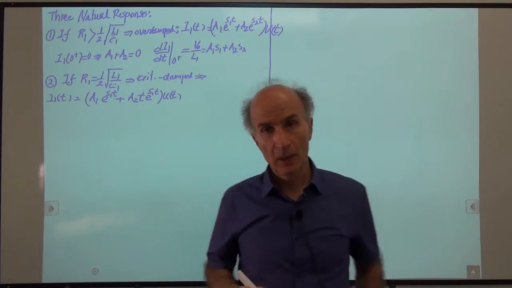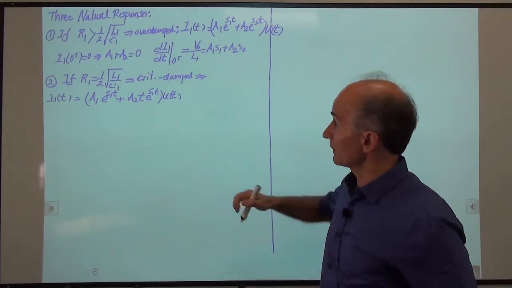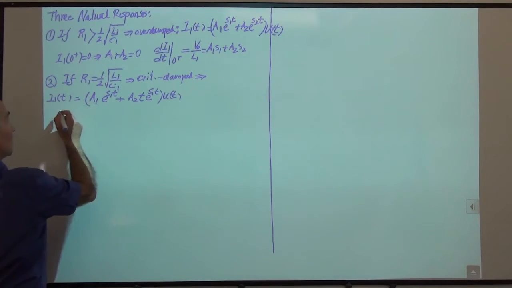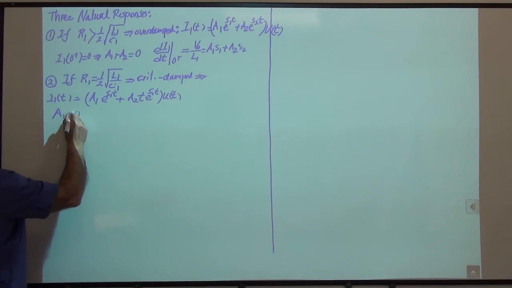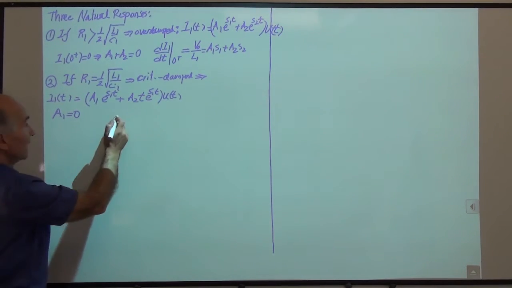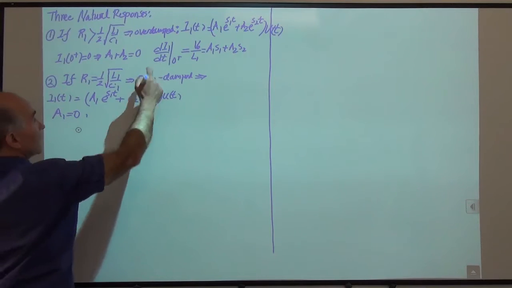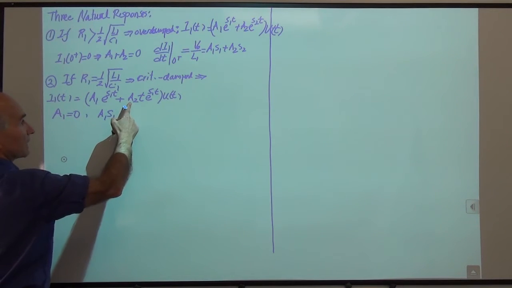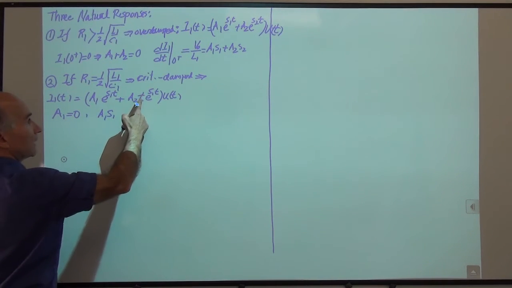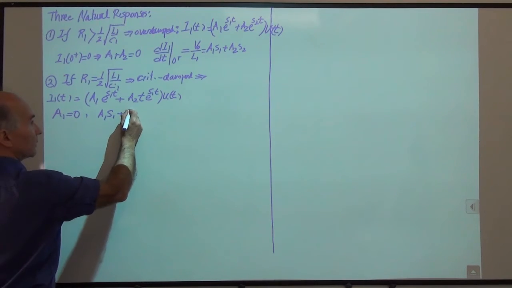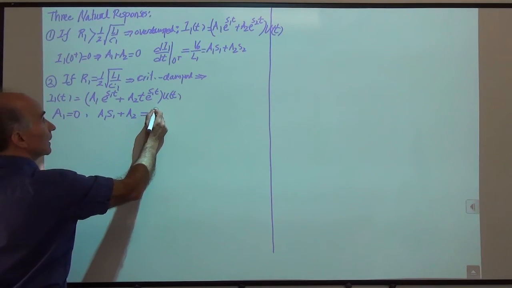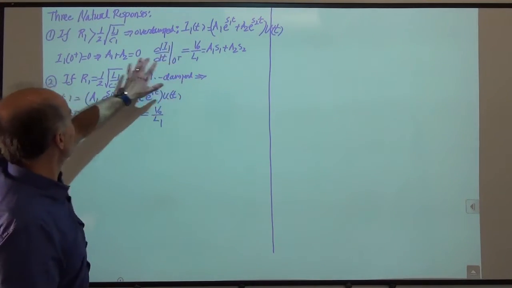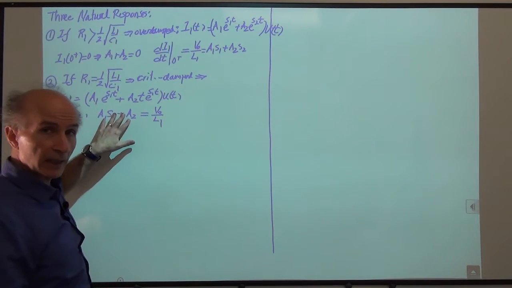Now we try to satisfy this condition and this condition. At time 0, A1 is equal to 0, so that goes away and we have only this term left. Then the derivative, meaning A1 s1, plus the derivative of t times that, plus A2 is equal to V0 over L1. I got these two, so I can find A2, and we're done.